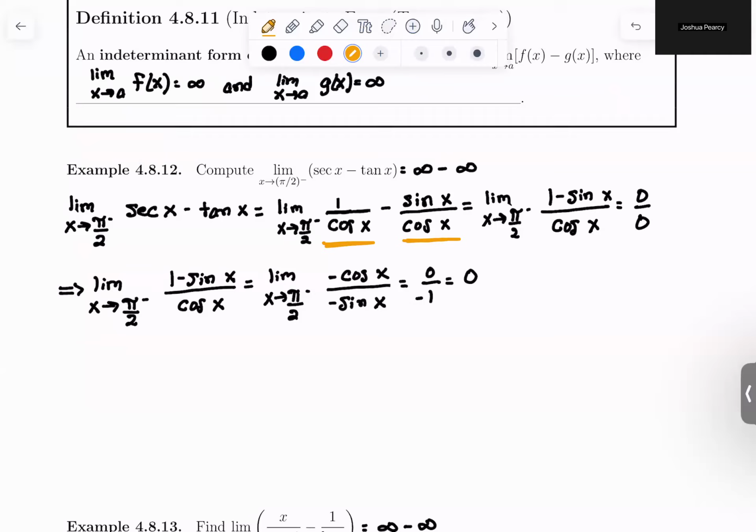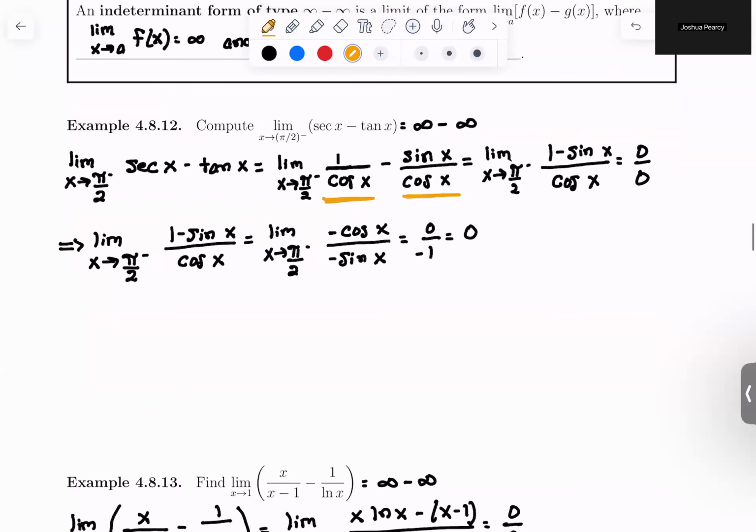Once we do that, we notice that this is a type 0 over 0. So I can take the derivative of the numerator and the denominator using L'Hopital's rule. The derivative of 1 minus sine x is minus cosine x, and the derivative of cosine x is minus sine x.